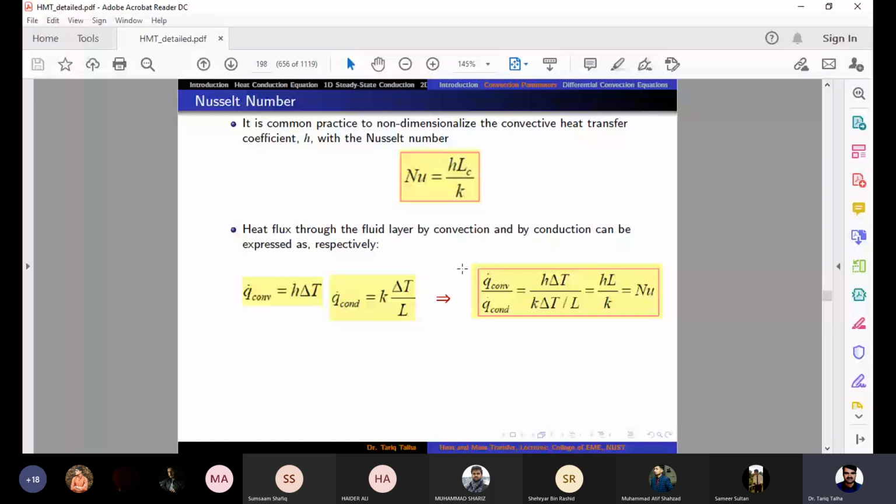After some time, when it is heated enough, you can also see the bubbles going upward. So it means that due to the change in density of the fluid, the flow moves up. That is natural convection.